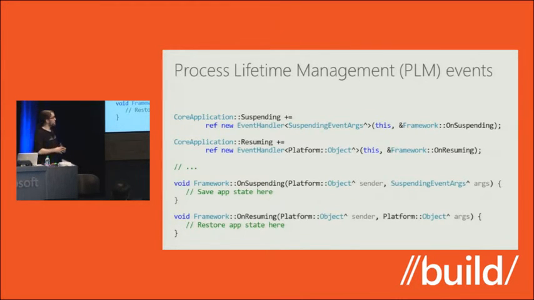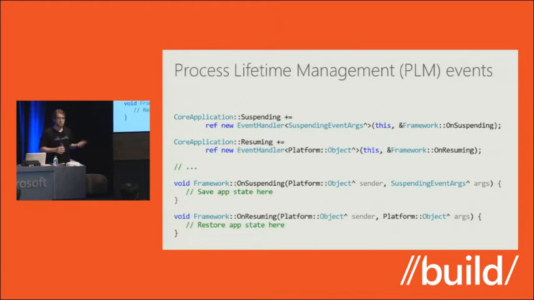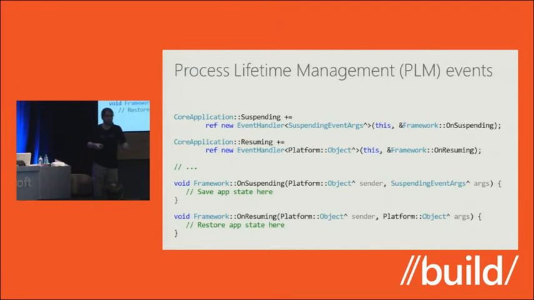And then here's an example of handling the PLM, the process lifetime management events. Let's say I'm writing an app that's used for video processing. I'm on my desktop, doing some processing on this video. I've gotten halfway through and added some cool effects to it. But now I go out for the night and I bring with me my Surface, or my Windows 8 tablet, any of the above.